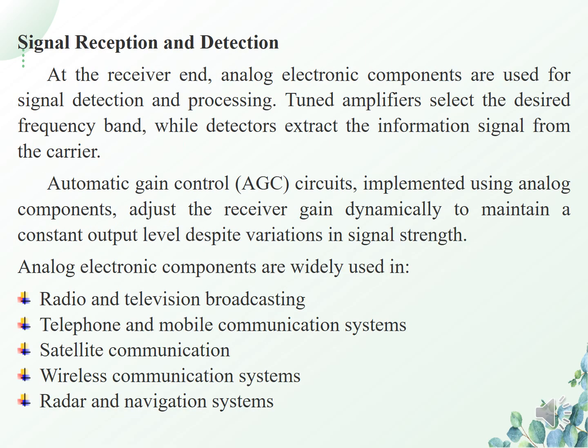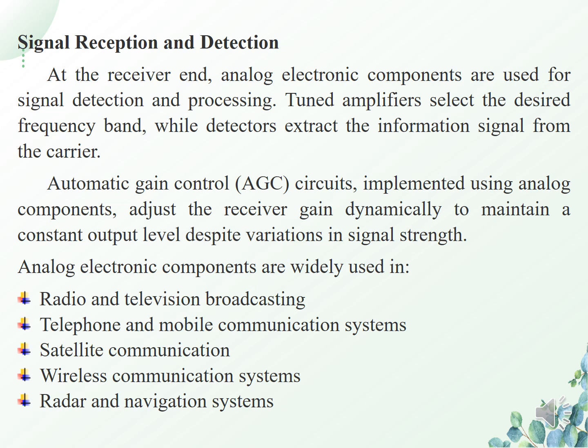And next is signal reception and detection. At the receiving end, analog electronic components are used for signal detection and processing. Commonly, tuned amplifiers are used to tune to a particular or desired frequency, which is used to extract the information from the carrier.